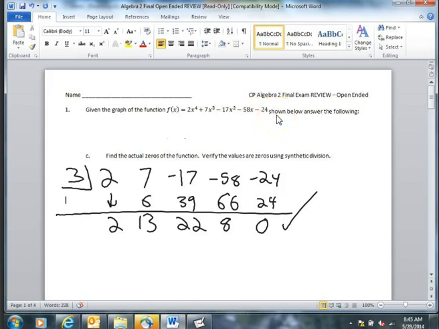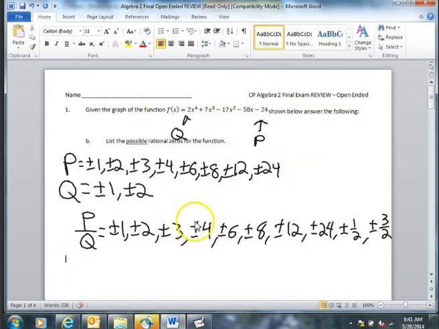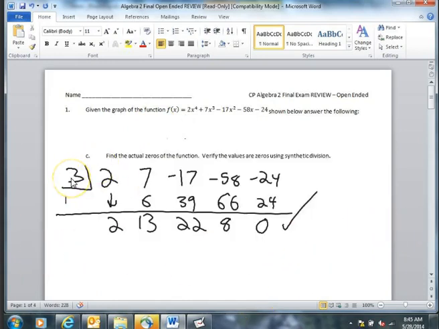If there is one of those missing in there, you need a placeholder, which would be a 0. So here the 2, the 7, the negative 17, the negative 58, and the negative 24. We then check numbers from this P over Q list right here from the previous problem in my synthetic division. In order for it to work, it must be a 0 remainder, which means a 0 at the very end.